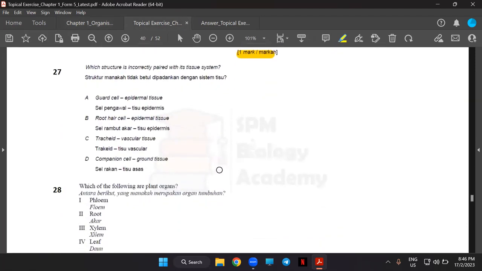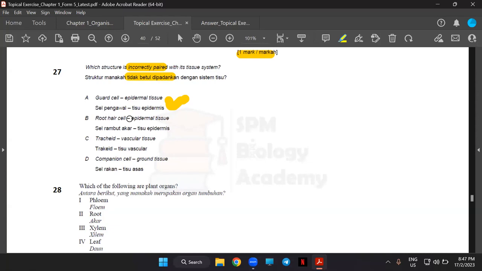Next question. 27. Which structure is incorrectly paired with its tissue system? Struktur manakah tidak betul dipadankan dengan sistem tisu? Guard cell, epidermal tissue. Betul. Sel pengawal ialah tisu epidermis yang telah dimodify, yang telah mengalami differentiation.